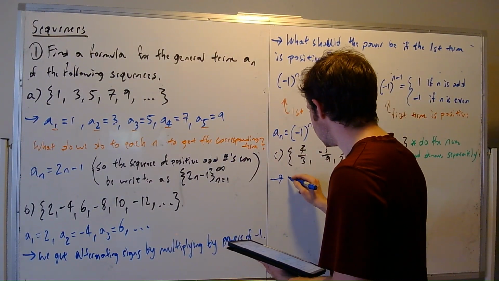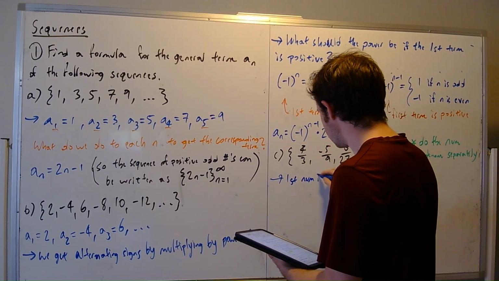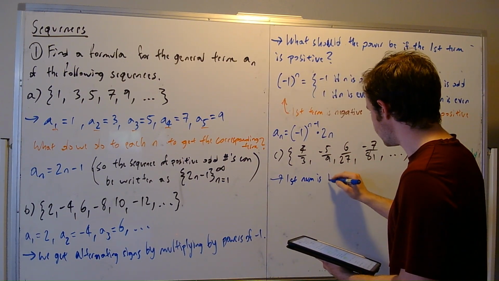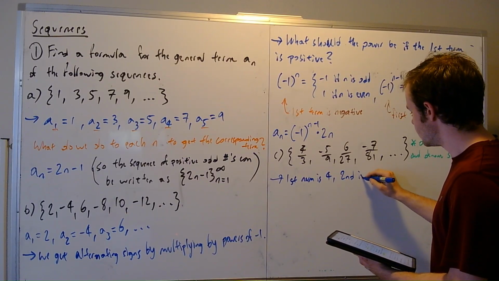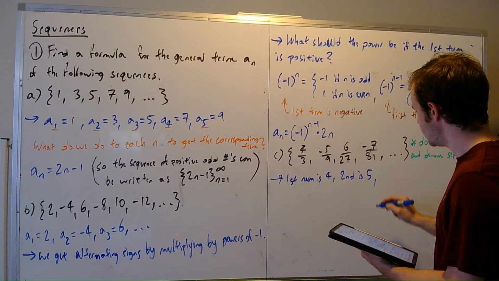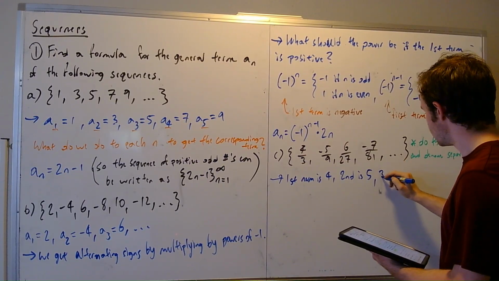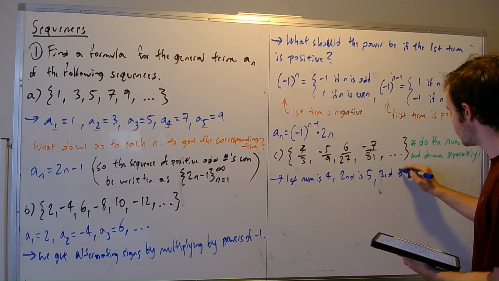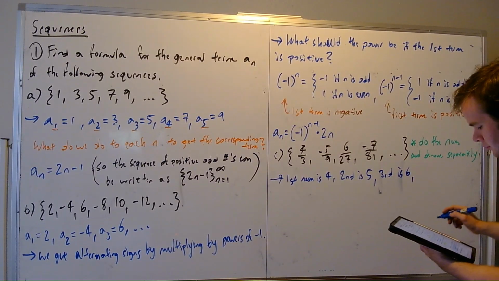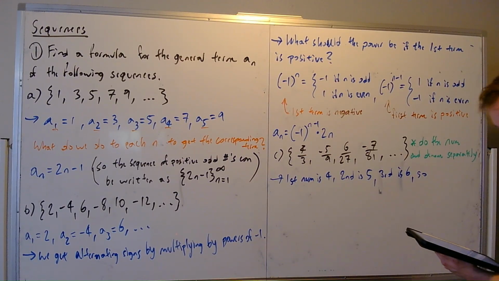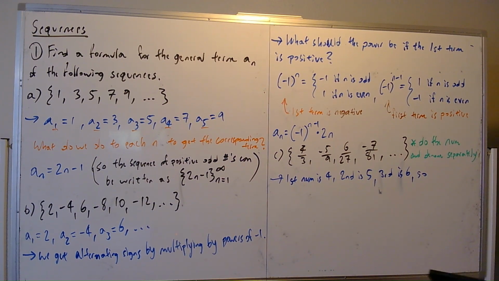So the first numerator is 4, our second numerator is 5, our third numerator is 6, and so on. You see each time it is increasing by 1.